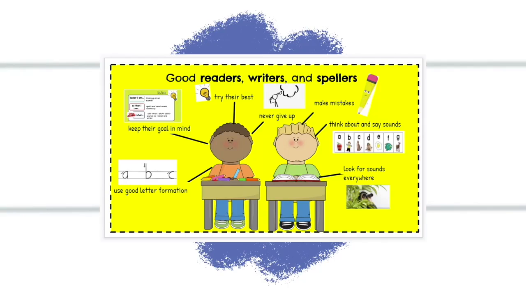Light bulbs going off, that's going to be the clue that you can use your goal, that you should be thinking about your goal. So when you see that light bulb, that means, ooh, this is an opportunity for me to use what I know about the sounds we've been working on, to read and write and spell.